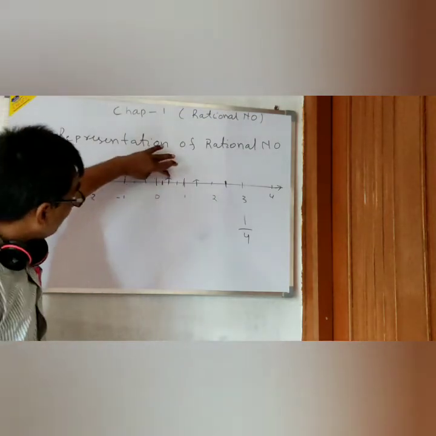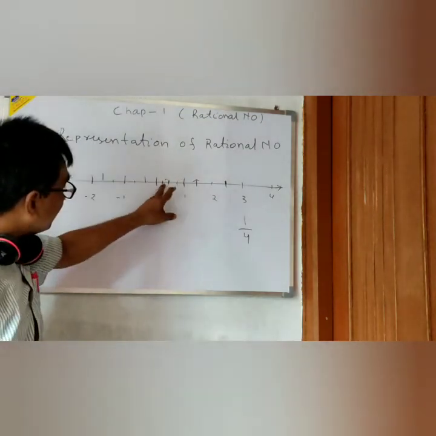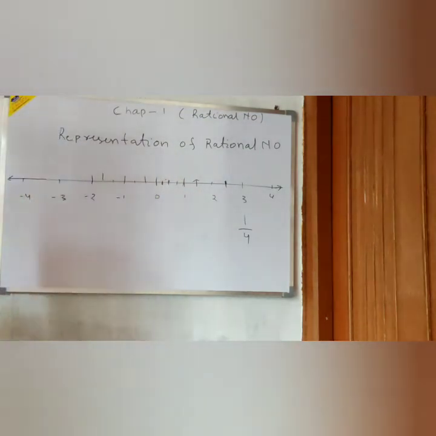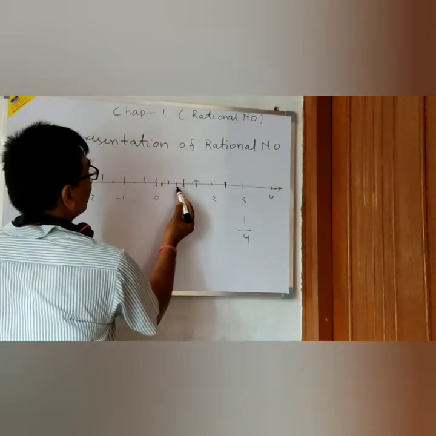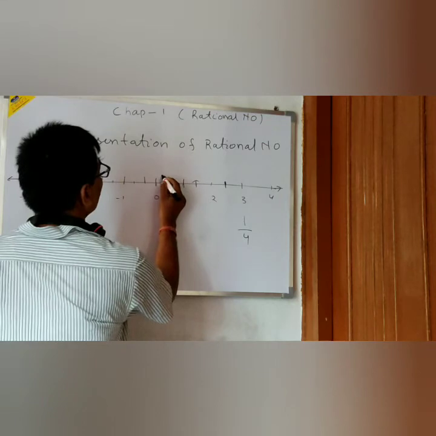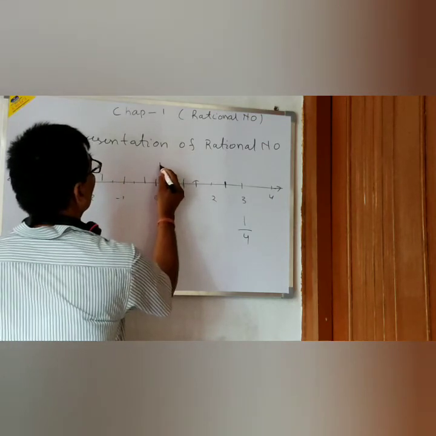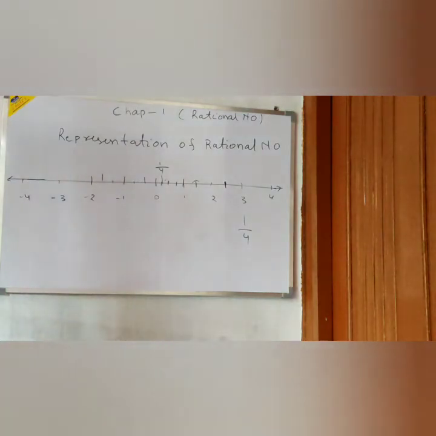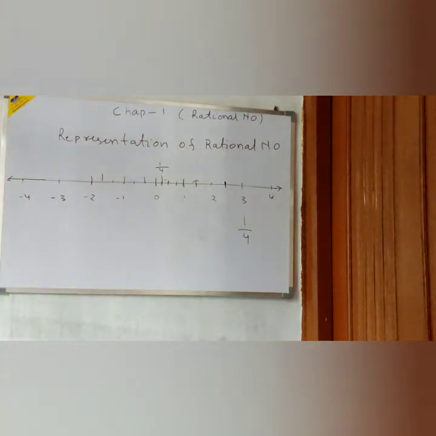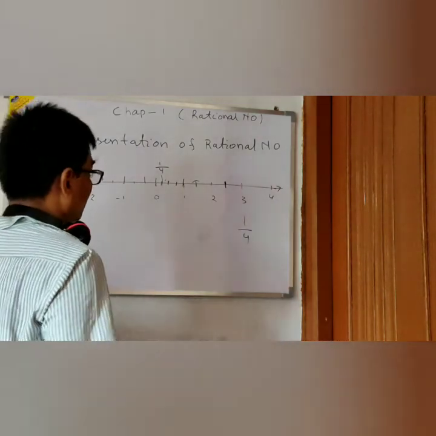How many parts? We have 3 points, and it is divided into 4 parts. First part is this, second part is this, third part is this. First part is 1 by 4. It is represented on the number line. 1 by 4 is already represented on this number line.